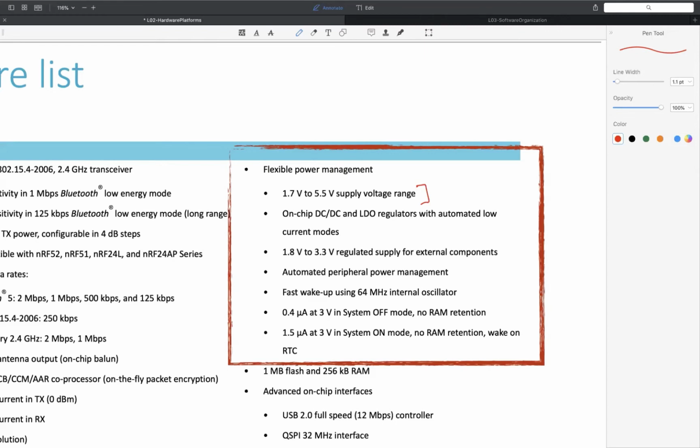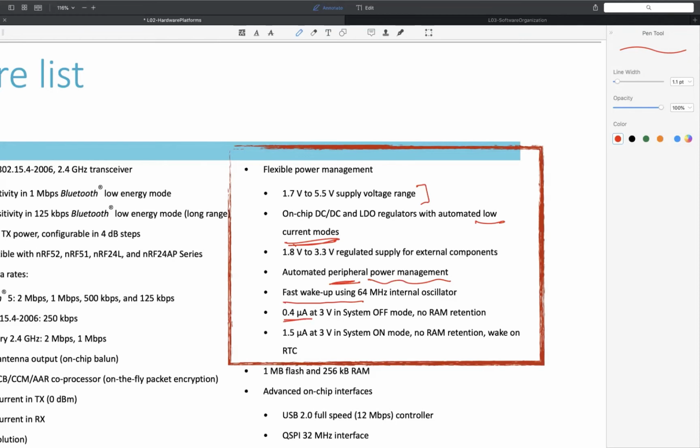It has low current modes to save power. It can wake up very rapidly. A lot of power management of the peripherals, it takes care of in hardware. If you don't need to preserve the data, then it can sleep very efficiently: 0.4 microamp at 3 volt, which is 1.2 microwatt.